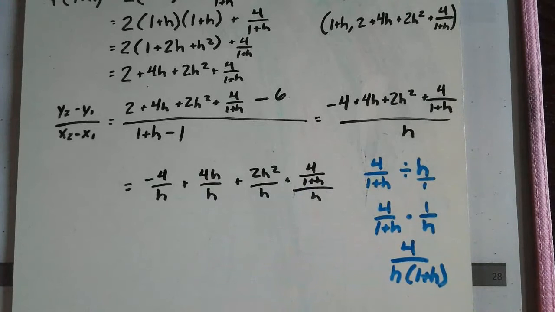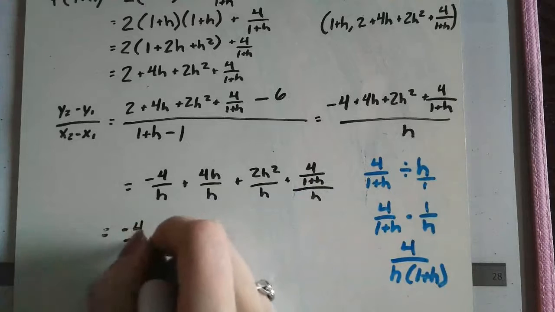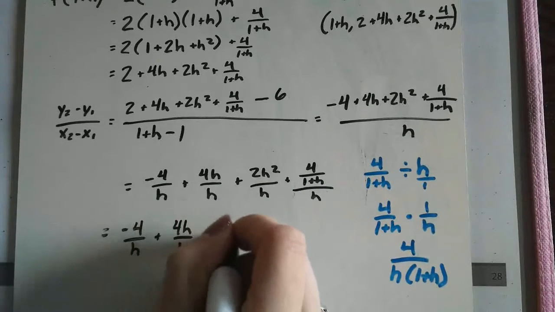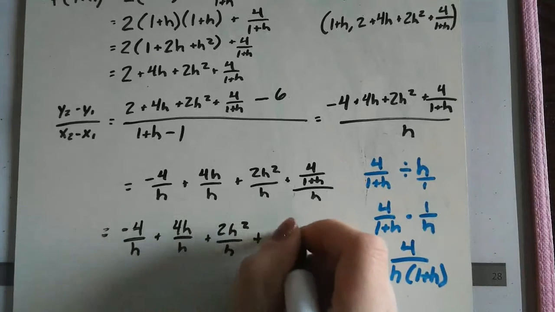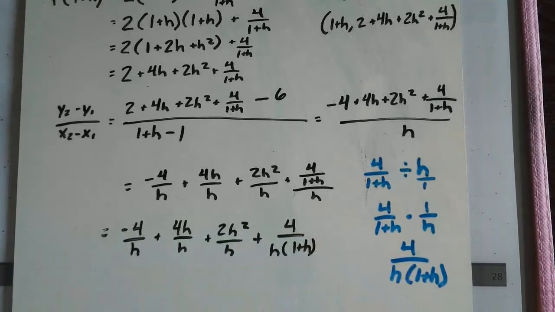So let's make that substitution. We're looking at negative 4 over h plus 4h over h plus 2h squared over h plus 4 over h times 1 plus h.